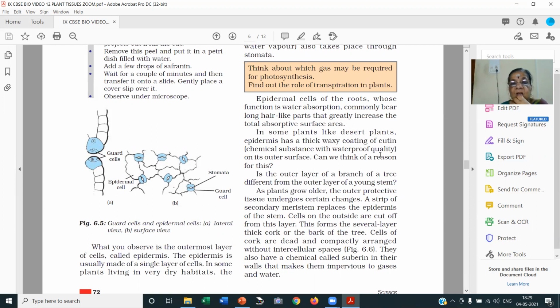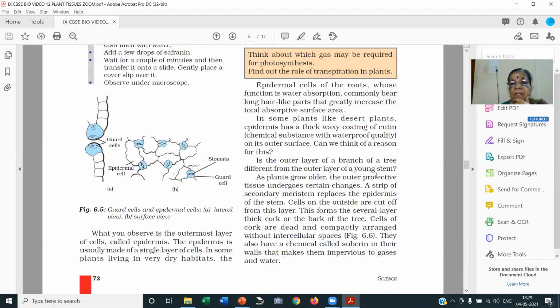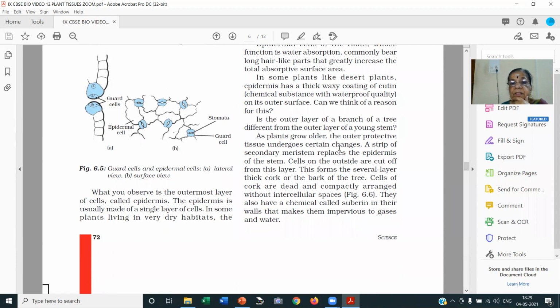The next one: is the outer layer of a branch of a tree different from the outer layer of the stem? Yes. As plants grow older, the outer protective tissue undergoes certain changes. This is the first point. Then a strip of secondary meristem replaces the epidermis of the stem because it increases the girth or thickness of the stem.